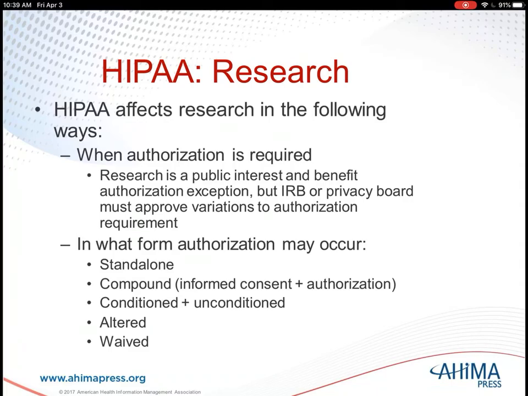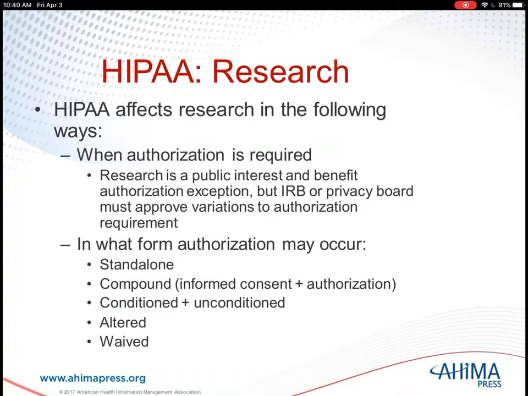Now we get into in what form authorization may occur in that last paragraph there. So additionally, the privacy rule has authorization requirements relevant to research uses and disclosures. The standalone authorization includes the core elements of a valid authorization. Okay? A compound authorization combines consent with authorization.